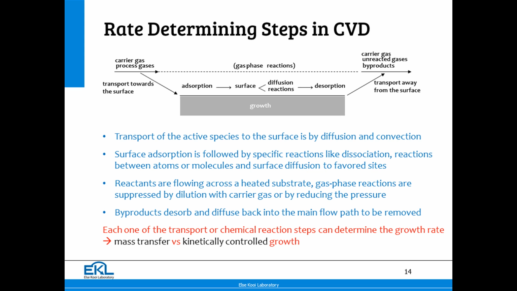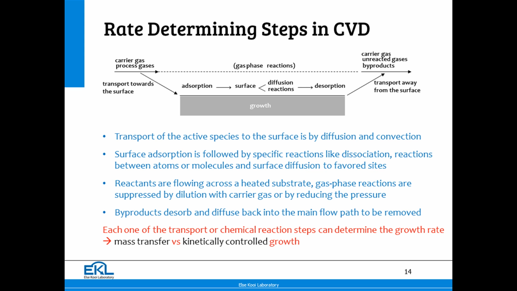Because we use a lot of dilution. There's always a very high hydrogen flow compared to the silicon precursor. And doing it that way, you can exclude gas phase reactions which would cause defects, silicon particles raining on the surface. And you can choose the conditions in such a way that there's only reaction going on at the surface.